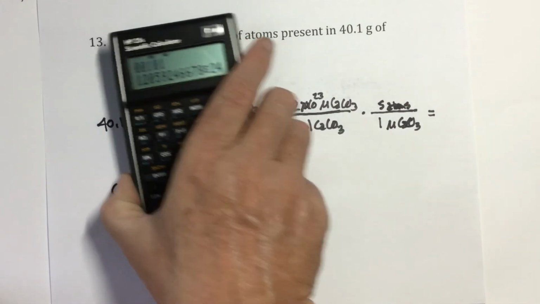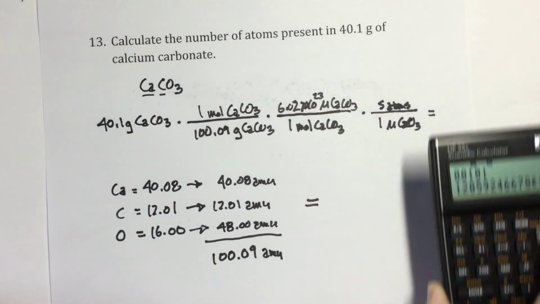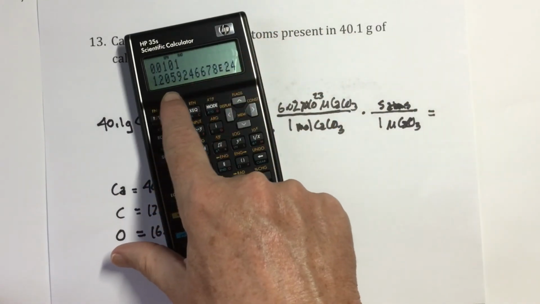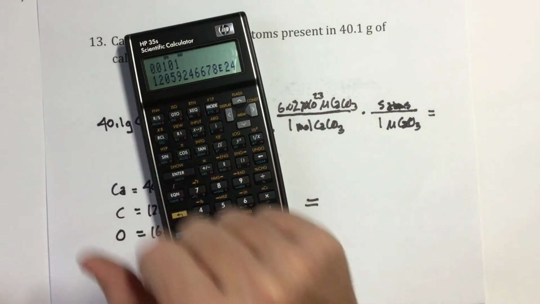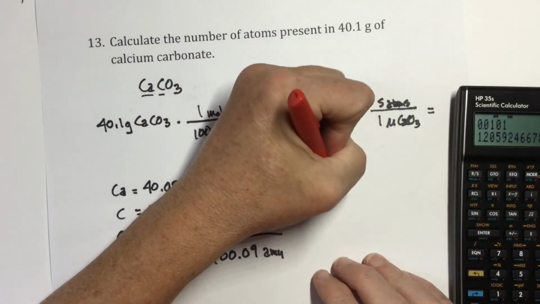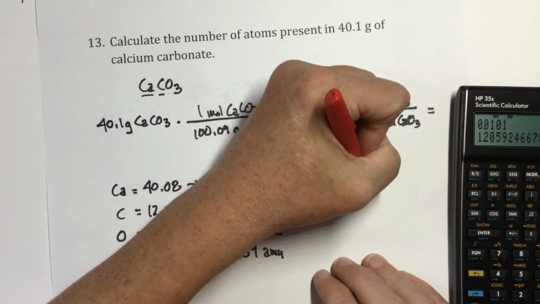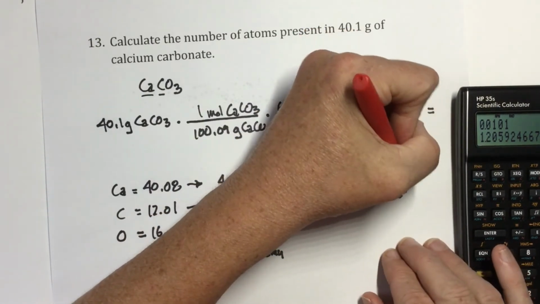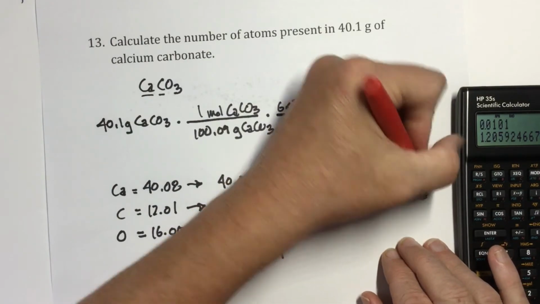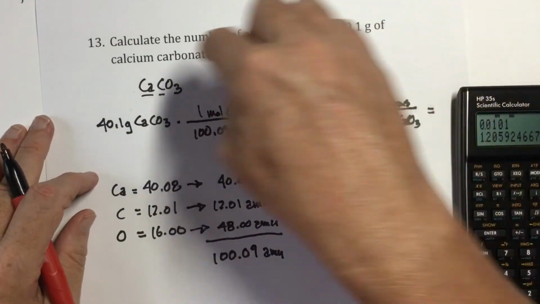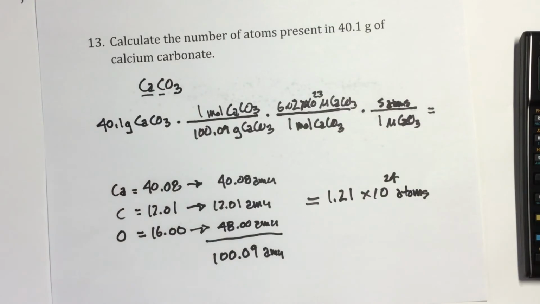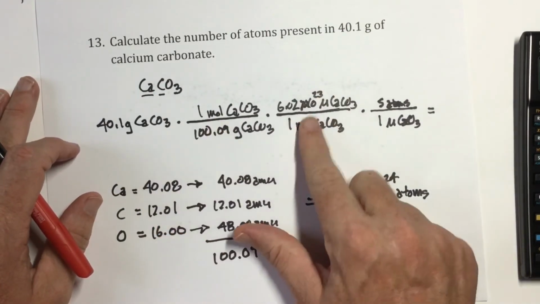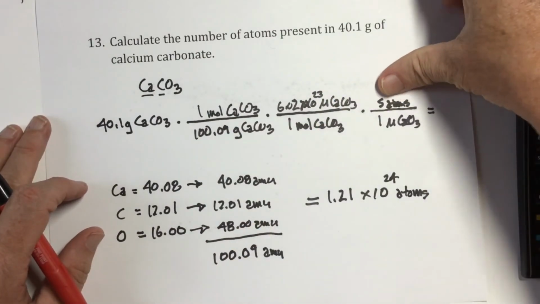Looks like my answer, how many sig figs do I need? That's exact. 3 sig figs. My calculator shows 1.205, so I will make that 1.21. 1.21 times 10 to the 24 atoms in 40.1 grams of calcium carbonate. So there we go. That was a yeoman problem. Went from grams to moles to molecules to atoms.